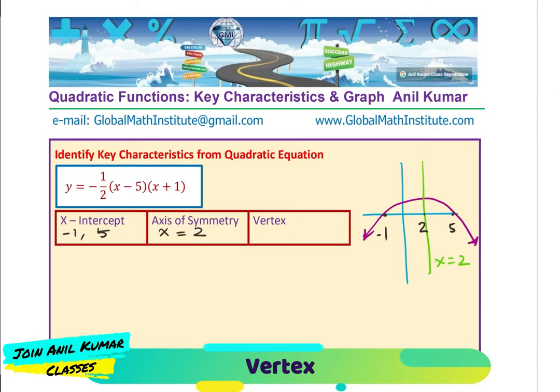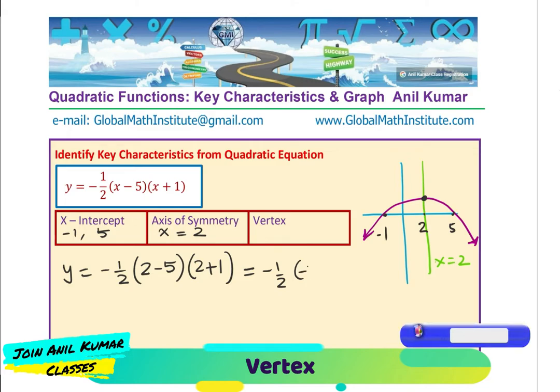To find the vertex, which is on the axis of symmetry, I'll substitute the value of x as x equals 2. So I have y equals -1/2 times (x minus 5)(x plus 1), and substituting x equals 2, I get 2 minus 5 times 2 plus 1. Perfect. And that gives me -1/2, 2 minus 5 is -3, and 2 plus 1 is +3, right?